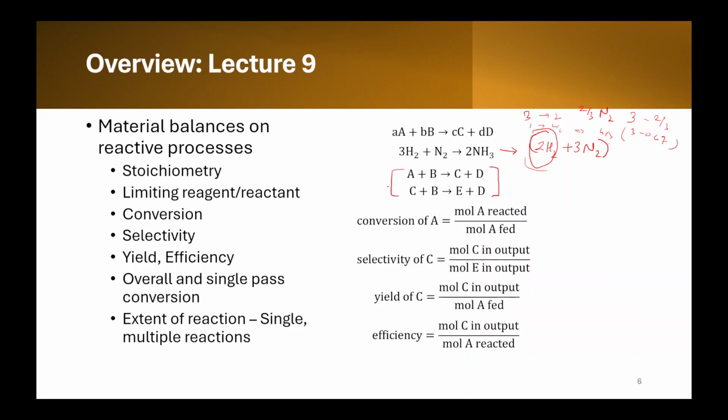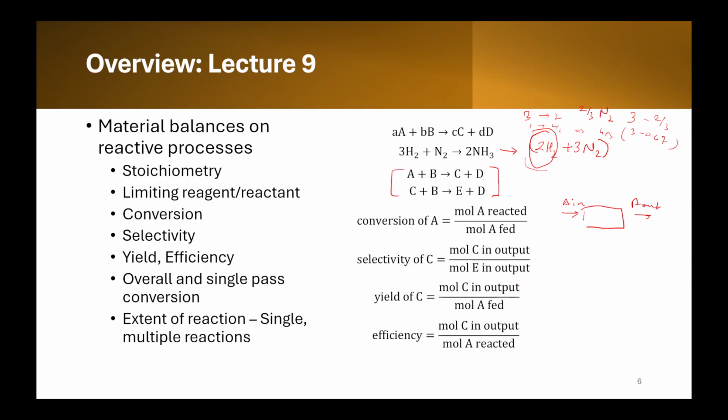So suppose the limiting reagent is A, the conversion of A is defined as the moles of A reacted upon moles of A fed. So what is moles of A reacted? A in, A out, and this is the system.